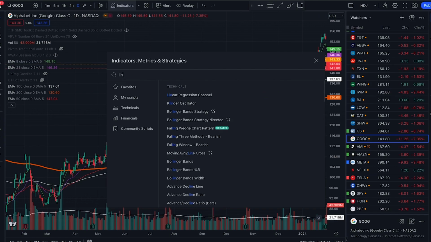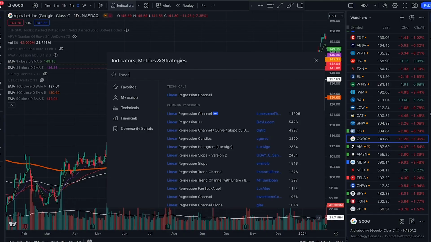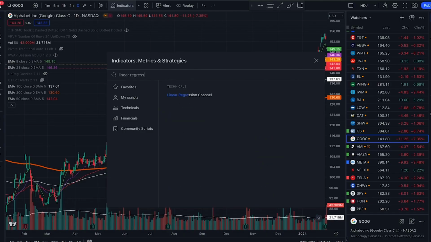So that's gonna be, okay, which is the right one? The right one is, yeah, okay, right here. Linear regression candles.